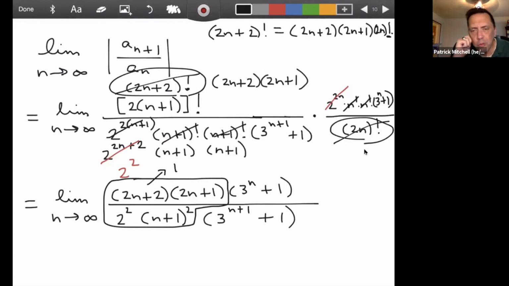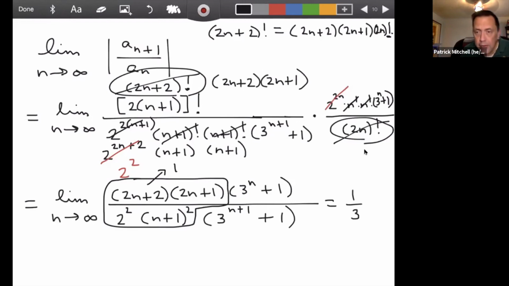If it weren't for those plus 1s, hopefully it's clear that that limit would be 1/3, right? Well, I claim that it's still 1/3 even with the plus 1s. All right. If you're not convinced, you can use L'Hopital's rule on that part of it. The plus 1s will disappear in the first step. And you should be able to show that the limit of that part is 1/3.